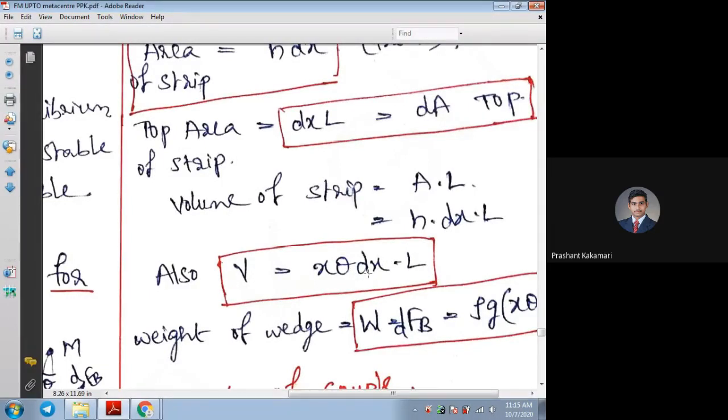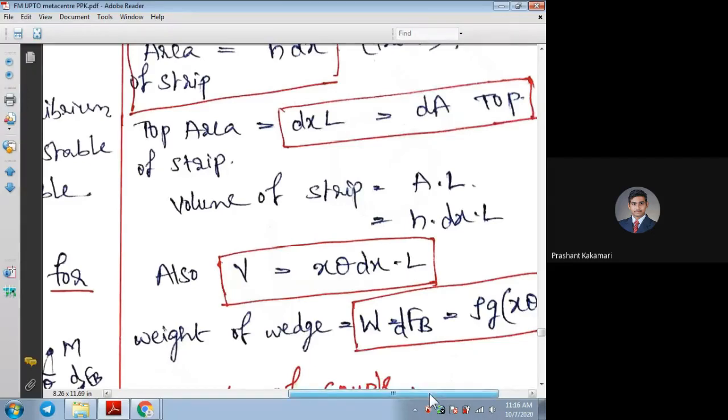So for the front side we are going to analyze now. For this small strip we know the volume, which can be written either as height into dx into L, or, substituting theta, as x tan theta dx into L. Now we'll find out the weight of the wedge.